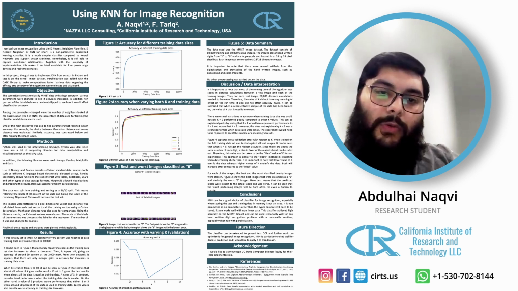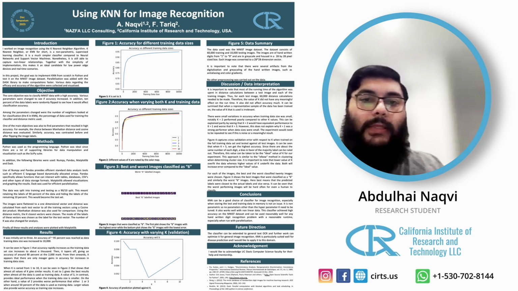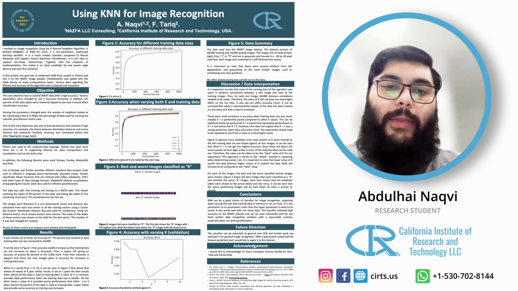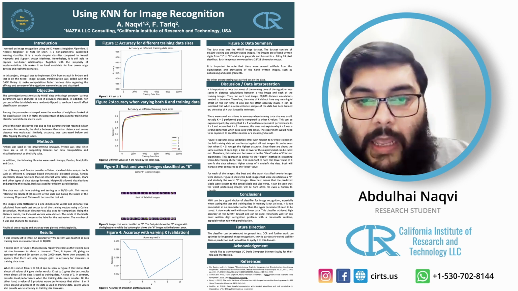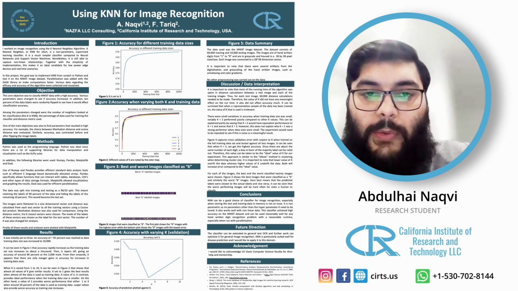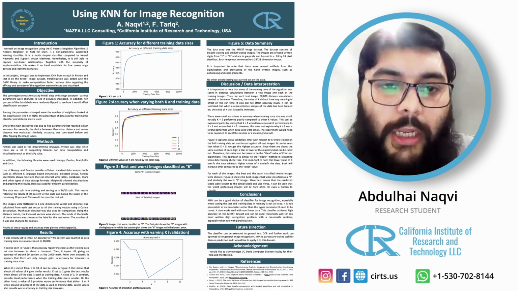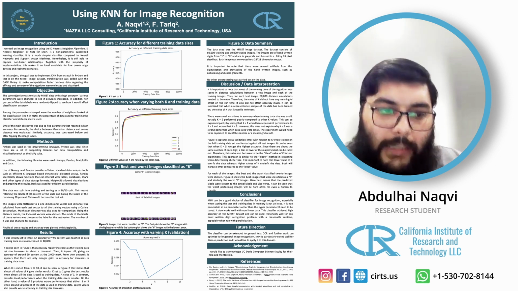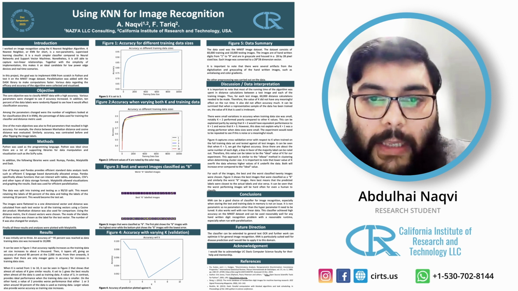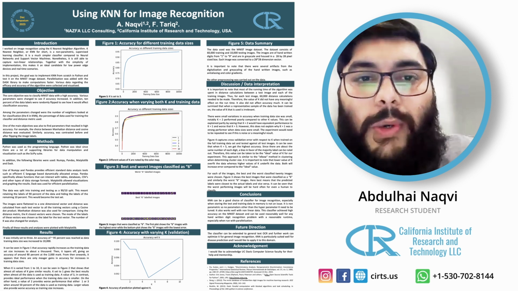And I'll explain to you exactly what KNN does. KNN takes an image, which we will call one of the testing images, and it calculates the distance between that image and all of the training images. And the K in KNN stands for K nearest neighbors. Let's say I'm doing 3NN.